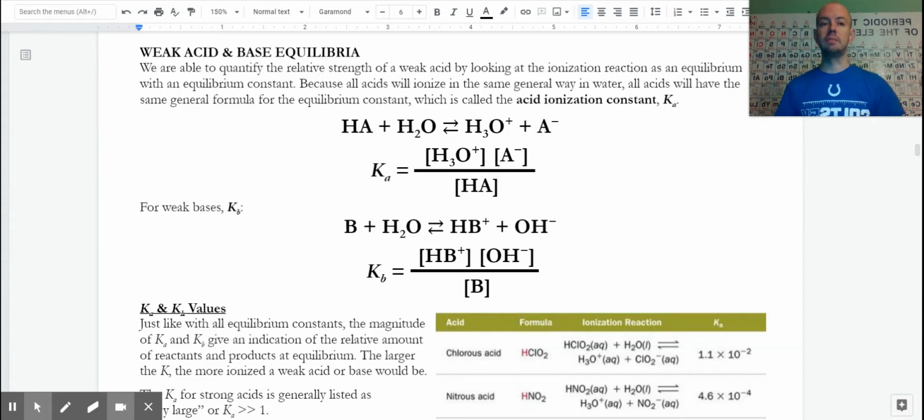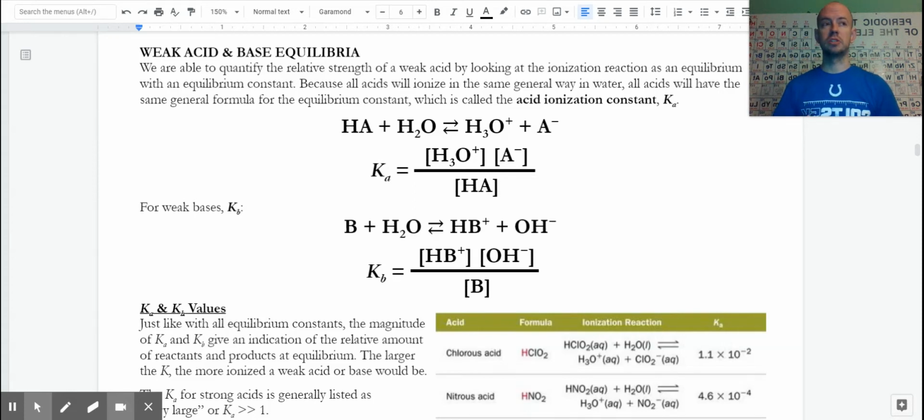So I can't just take the molarity of my acid concentration or my base concentration in terms of weak acids and bases to find out the pH. I have to think of it as an equilibrium, and I have to think of it in terms of K values, and we'll even see a RICE table.